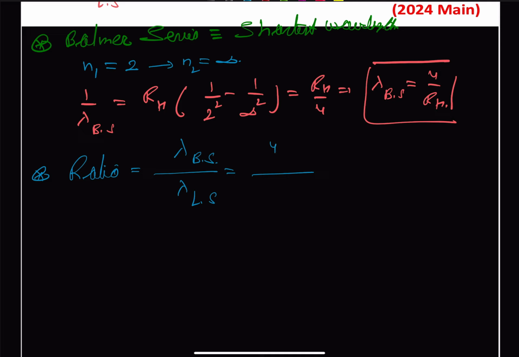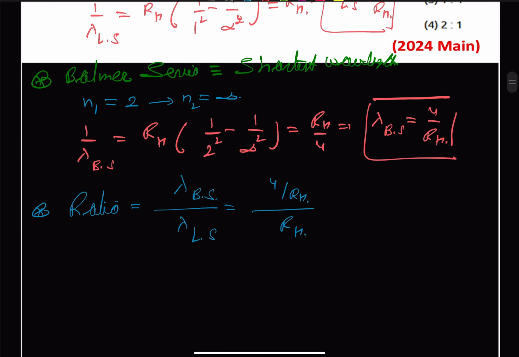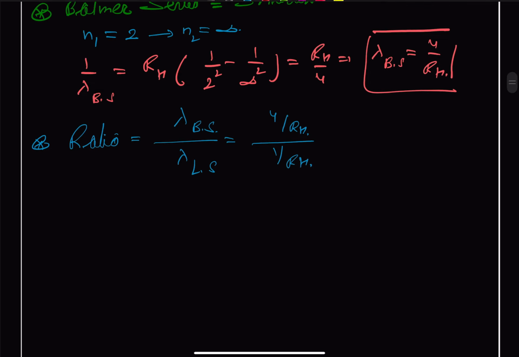Balmer is 4 upon RH, Lyman is 1 upon RH, which can be written as 4 upon RH multiplied by RH.